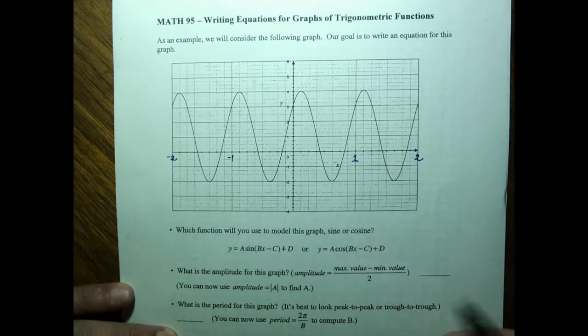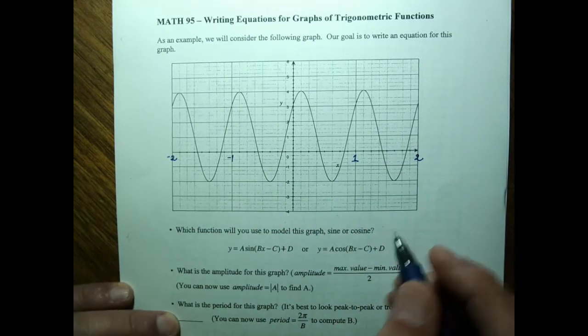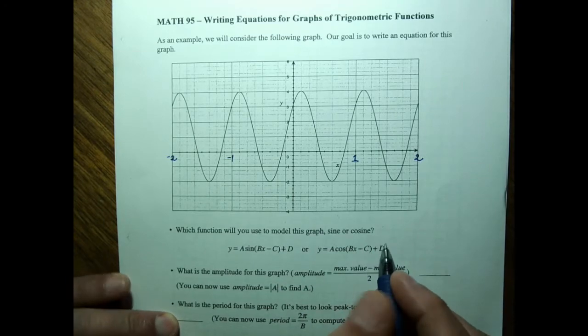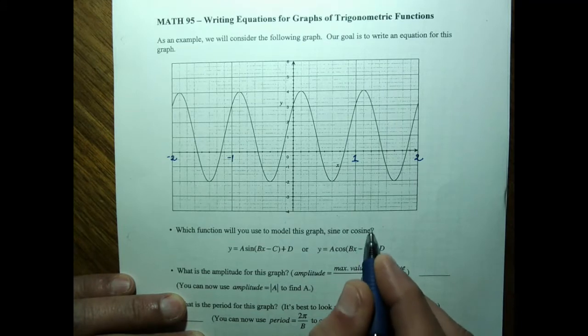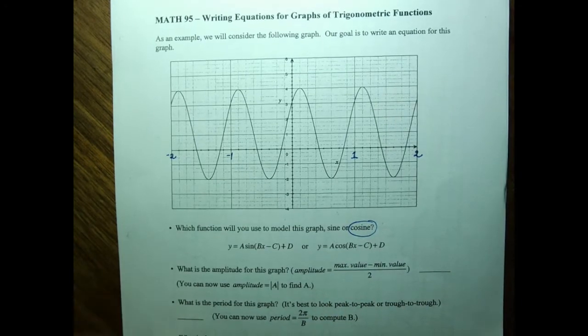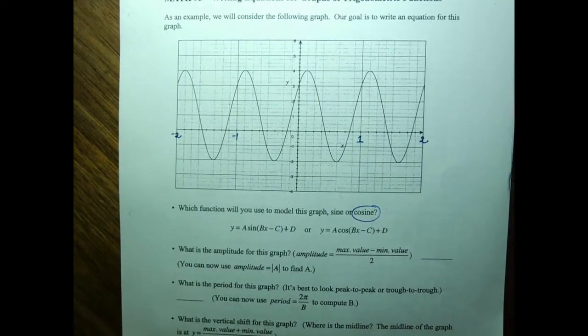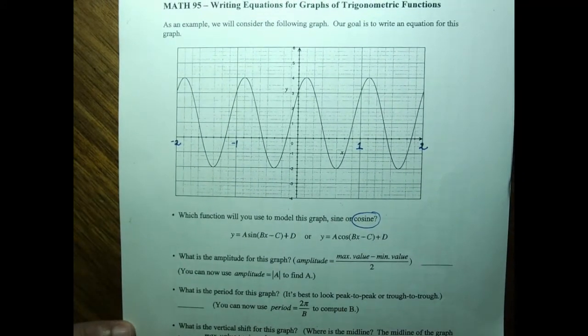It turns out, in my opinion at least, I think it's almost always in this kind of situation easier to choose cosine. So I'm going to work with cosine here, and as we go through, we'll talk a little bit about why that seems easier. And yet, when I give you the answers, I'll probably give you answers for both sine and cosine.